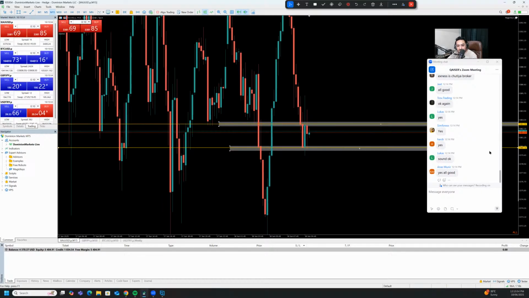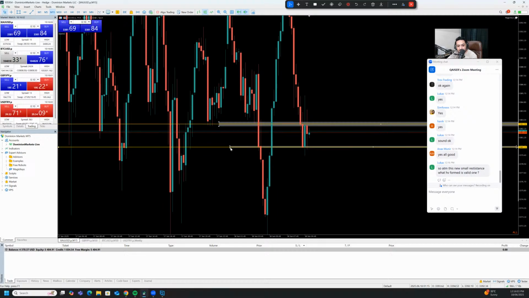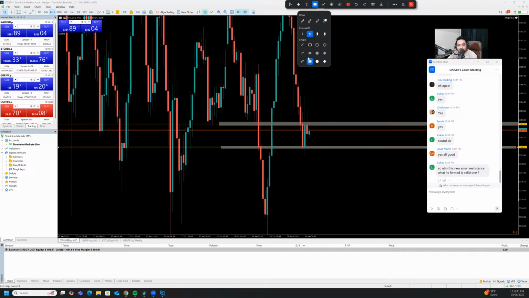Let me just readjust the zones. All right, so if the current 50-minute candle creates a wick and closes somehow like this, and then the next candle creates a wick and breaks above the high, this is the situation when I can give my trade a chance.